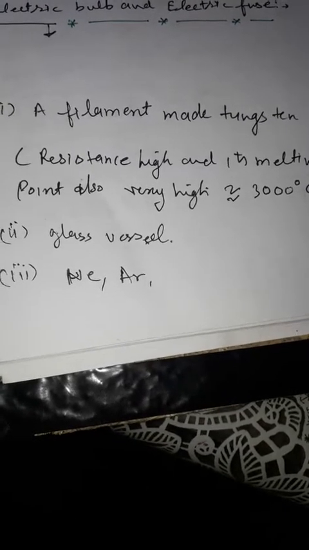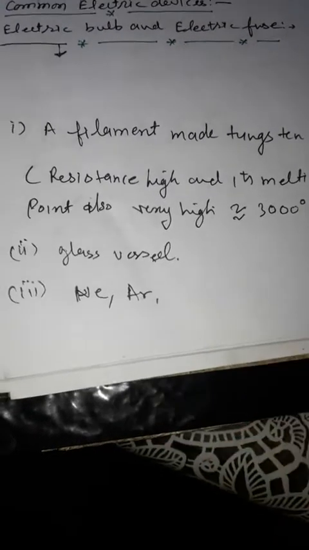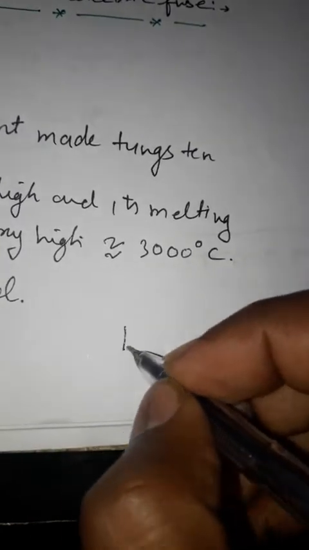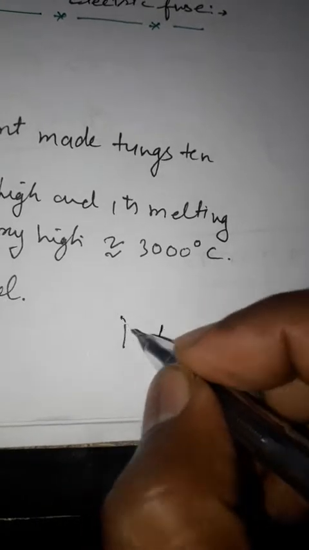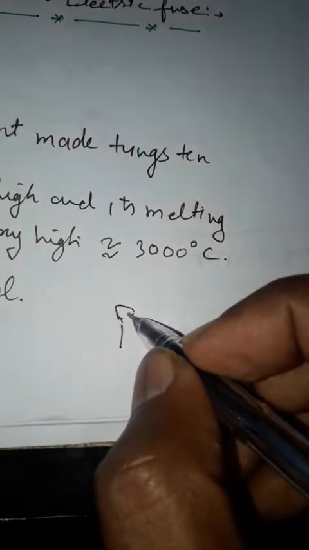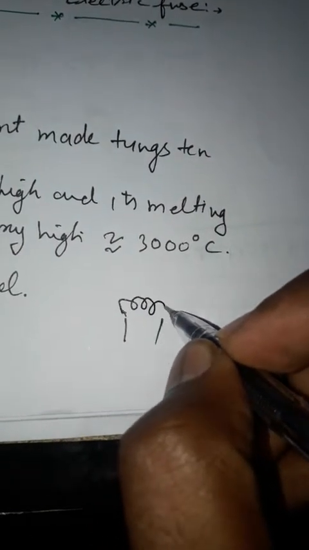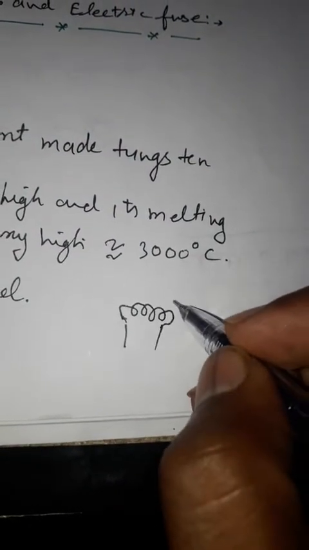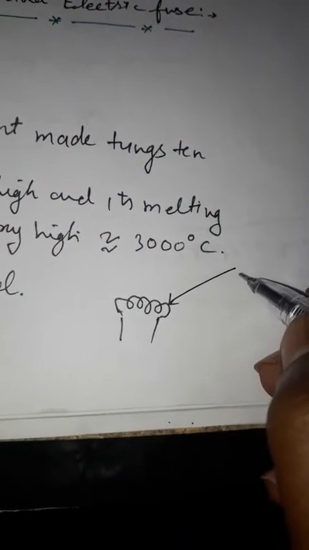If we draw a rough diagram of an electric bulb, then between these two wires there is a filament in the shape of a spring. This filament is made of tungsten.